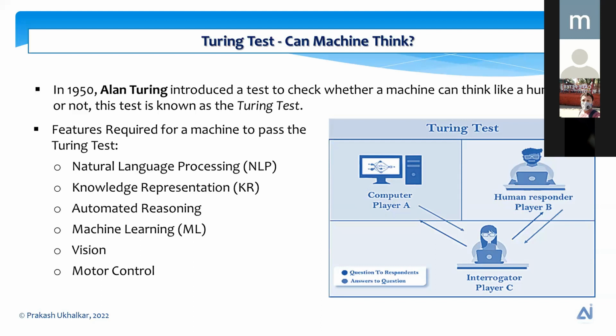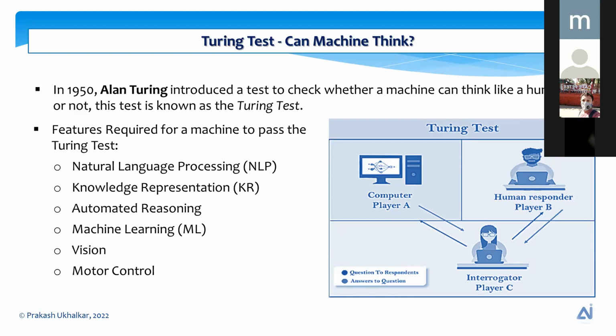The interrogator will observe the answers, and based on them, has to decide who is the computer and who is the human. But if the computer passes the test, meaning the interrogator is unable to identify which one is the computer and which one is the human, it means the Turing test is passed. And then we can say that computers are intelligent, right?